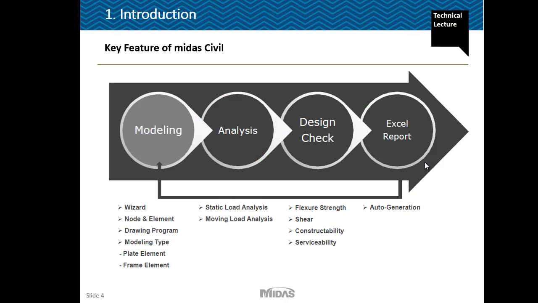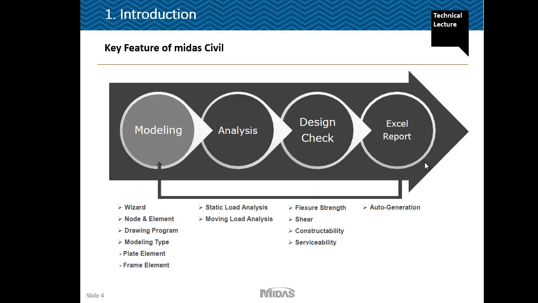The key feature of MIDAS is that it is a one-stop solution. It is not only going to help you model, analyze and get the results, it also has the potential to design the members and gives an excellent Excel report which could be used later. Generally it is an iterative process. You get the design, make some modifications, and it keeps going on.